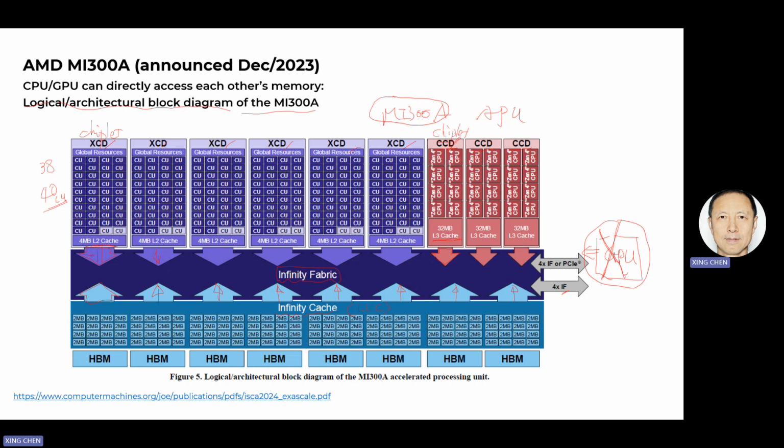It has the same status as the CCD because it shares the same cache and the same memory as the CCD, and is connected to the system using this Infinity Fabric, which is a kind of CPU to CPU, CPU to GPU or GPU to GPU link.